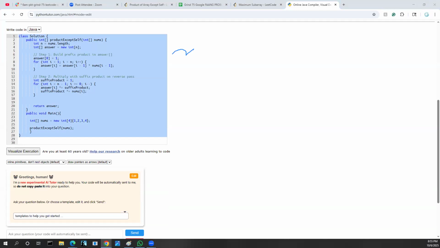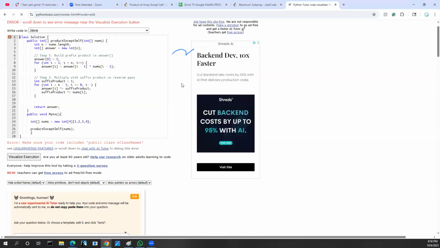In Python, we just paste the function here and the example gets visualized. I don't have an idea in Java. Please click on visualize execution. Yes, we have some errors.